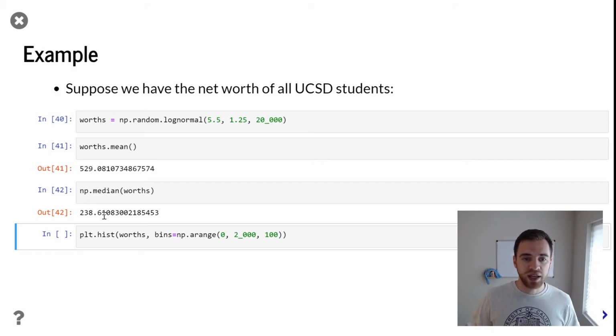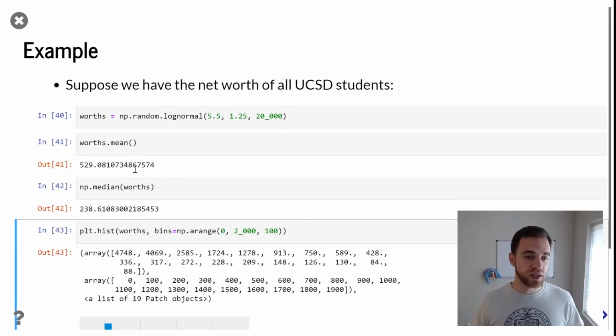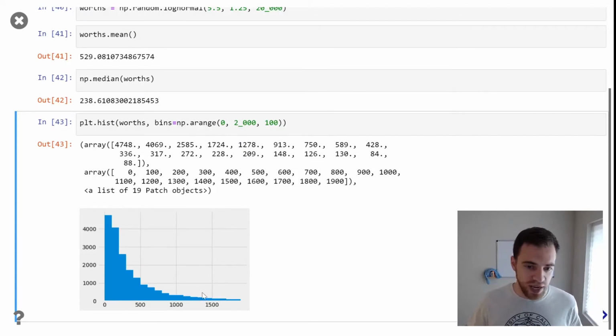The mean and the median are somewhat different, and that's because the mean is pulled up by people with a high net worth. If I look at the histogram, I have a long tail here. This is totally simulated data, by the way. The mean is pulled to the right because there are people with a higher net worth.